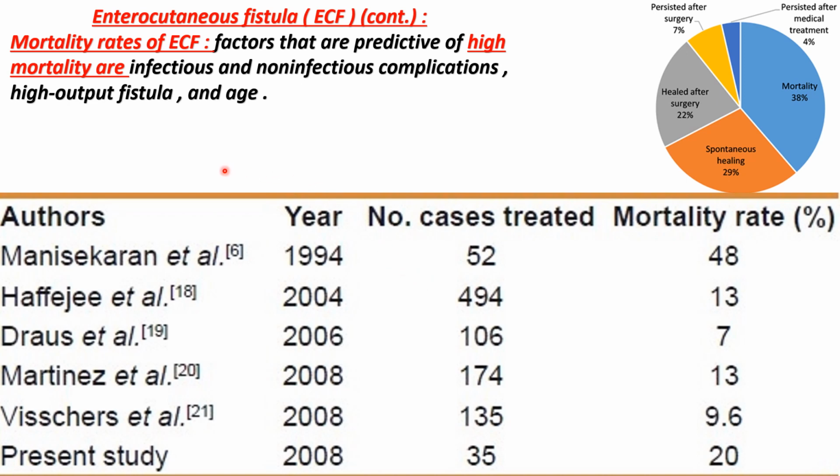Now I will follow up on mortality rates of enterocutaneous fistula. Factors that are predictive of high mortality rate are infectious and non-infectious complications, high output fistula, and age. In this slide we are seeing 7% persisted enterocutaneous fistula after surgery, and 4% persisted enterocutaneous fistula after medical treatment.